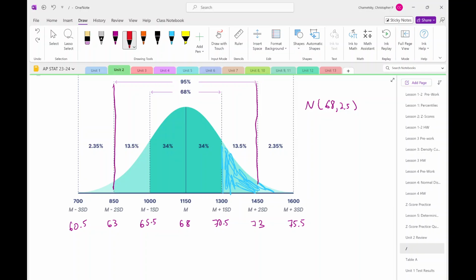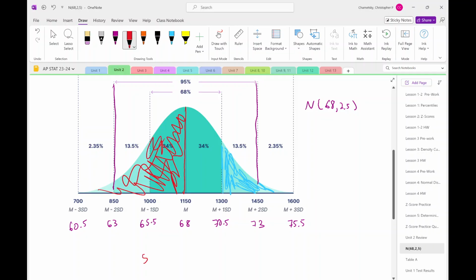And I know that right from the middle, from the mean, all of this in red, that's 50%. And then half of that first standard deviation, half of that 68, right here, which I'll shade in orange, that's 34%.